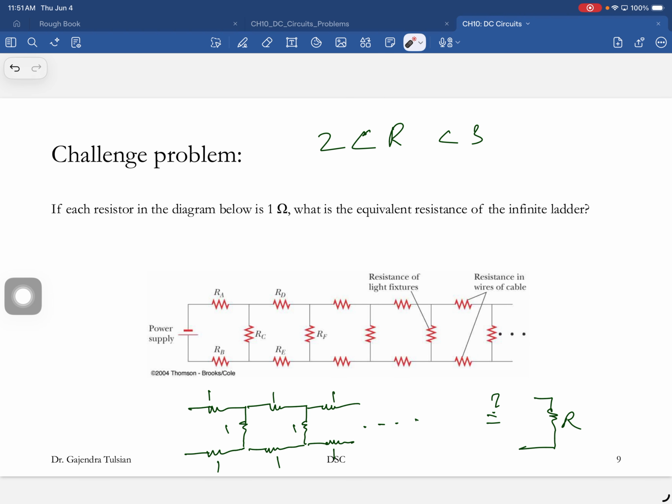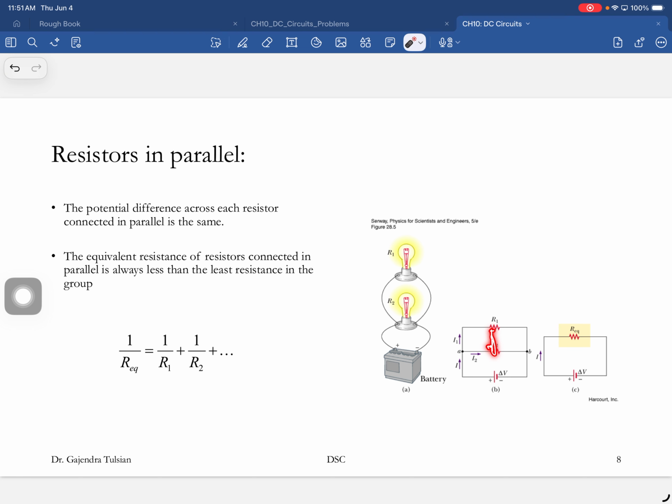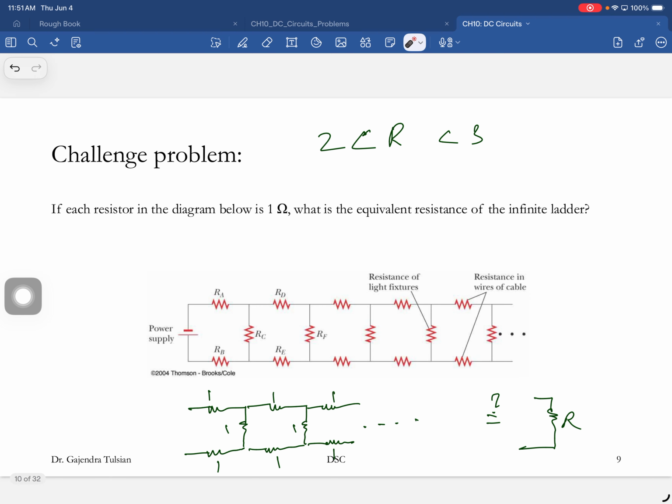You just saw that if you connect resistors in parallel, the equivalent resistance is smaller than any one of them. So here's a 1 ohm resistor, and whatever this resistor is, the parallel combination will be less than 1, assuming that's greater than 1.